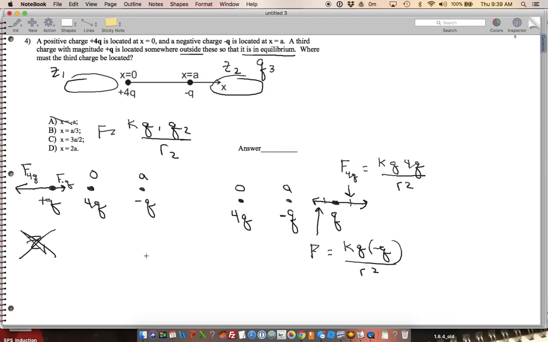So it's asking me what is the distance x. So K, Q times 4Q. Oh, right, I forgot something here. So this R isn't quite right, so let's erase that. I have the distance wrong. These two r's are different.